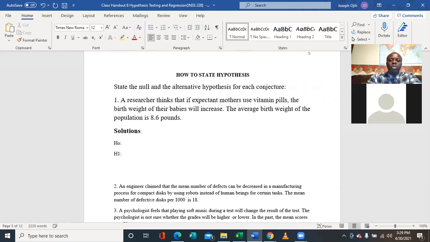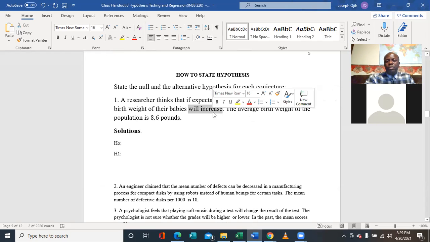Usually I say put H1 first, and then the opposite will be H0. Now, he said the birth weight will increase. We increase, mean greater than. And you know that you can only use the greater than symbol in the alternative. So that means you're going to do that one first.